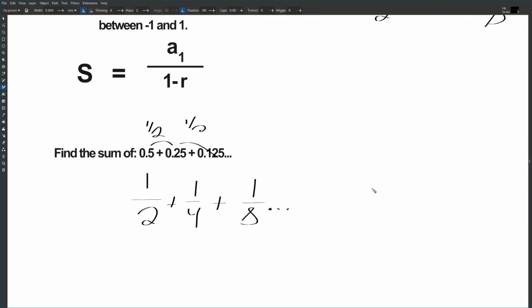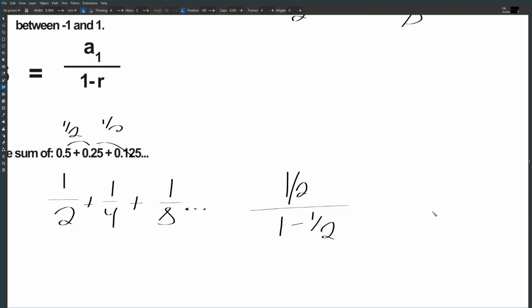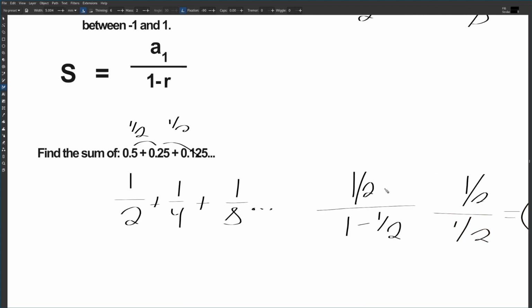Our first term is 1/2, so let's put that in here: 1/2 divided by 1 minus the ratio, which is also 1/2. We get 1/2 over 1/2, which is equal to just 1. So the sum of this is 1.